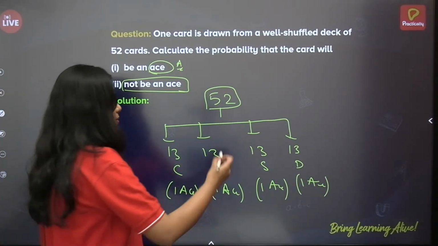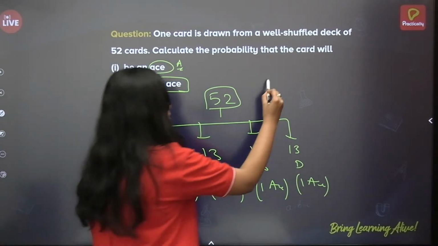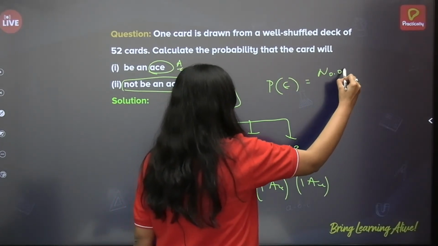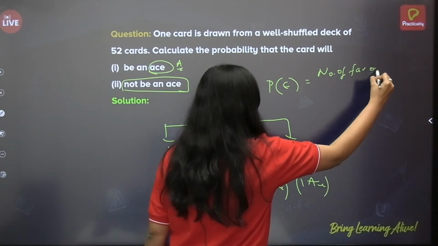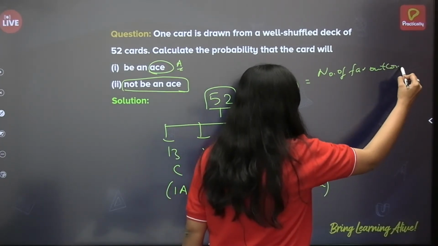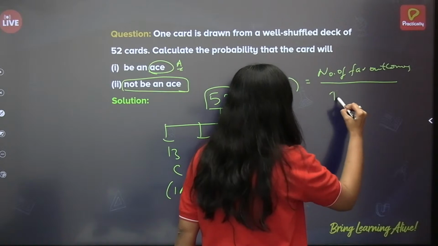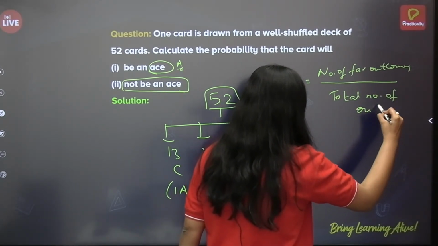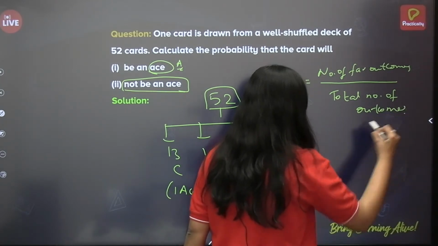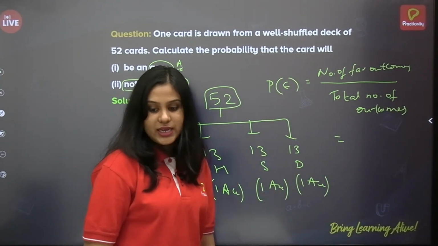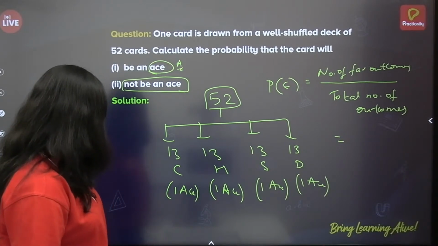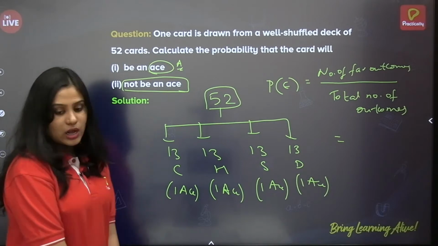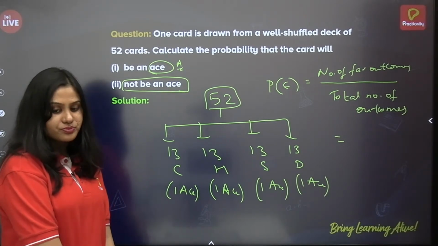So what is the probability of an event? Let me just write here. Number of favorable outcomes by total number of outcomes, correct? 13 by 52. How come it's 13 by 52?